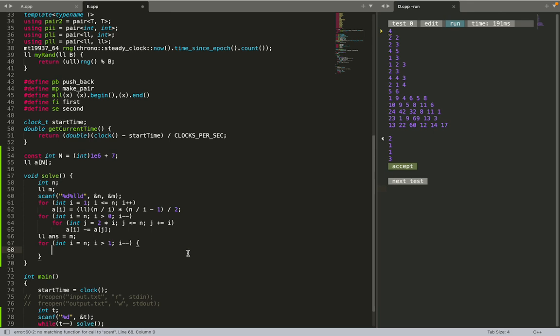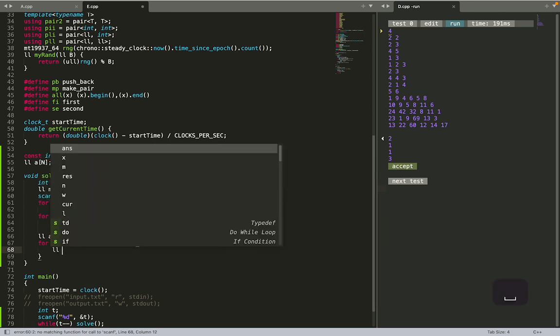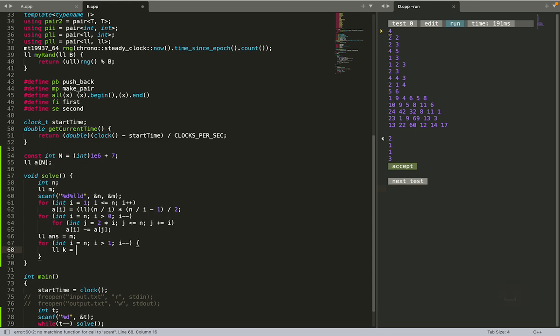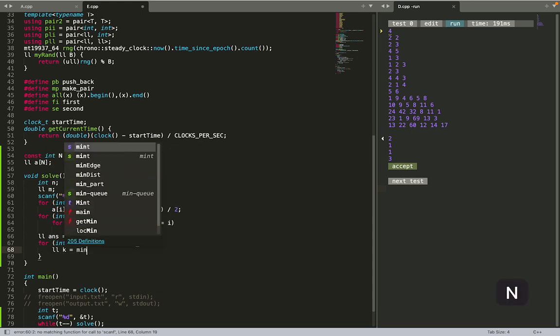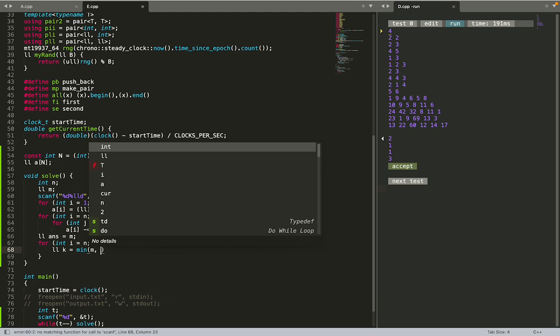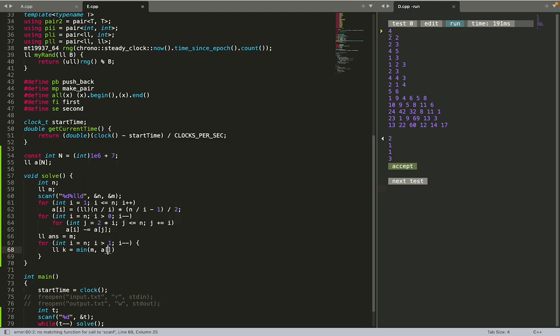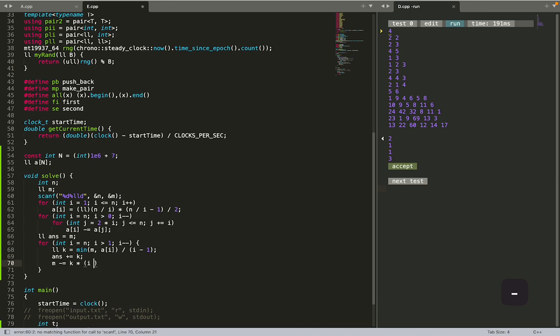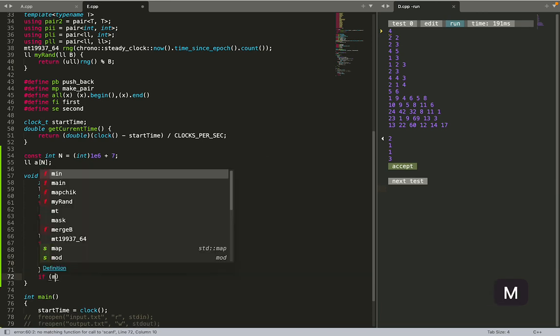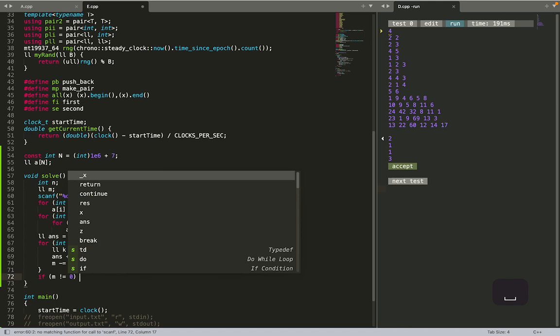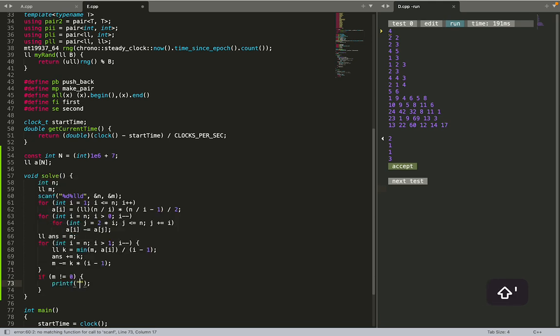Okay, so we will take k groups of this, where k is the minimum of m and ai divided by i minus 1. If we couldn't take enough, then it's impossible.